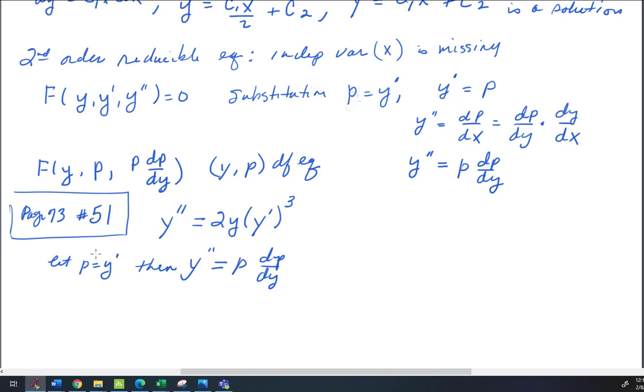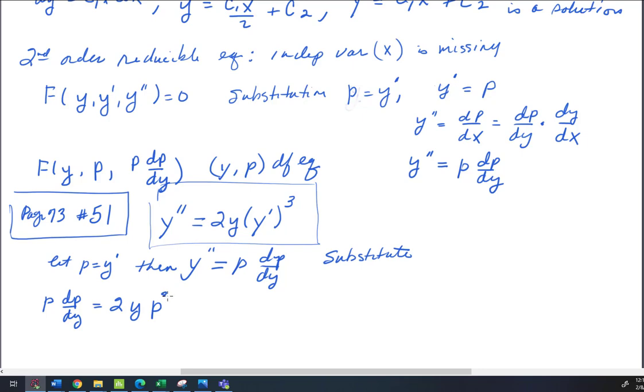So now doing the substitution in my original differential equation, and I'll box that so we can find it easily, I would have y double prime, which is p dp dy, and that's all on the left hand side, is equal to 2y, and then y prime would be p, and that would be cubed.